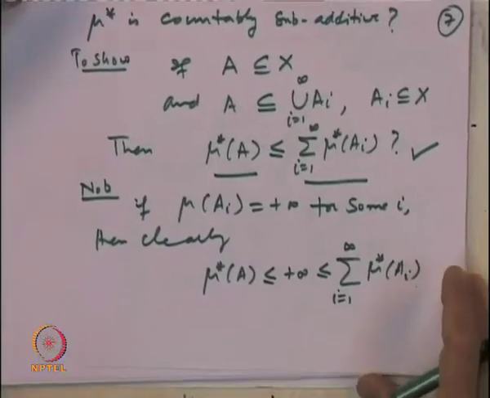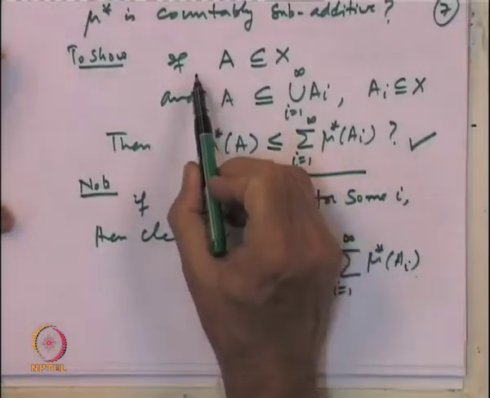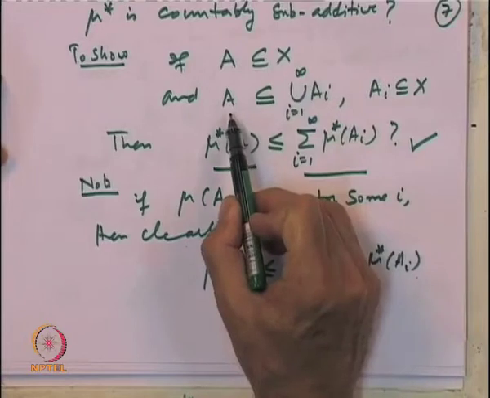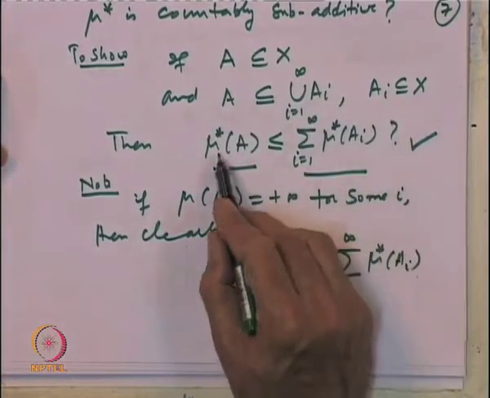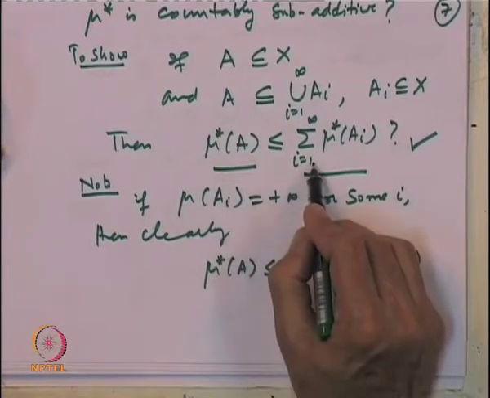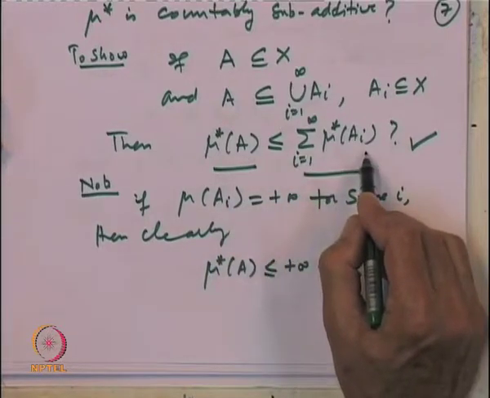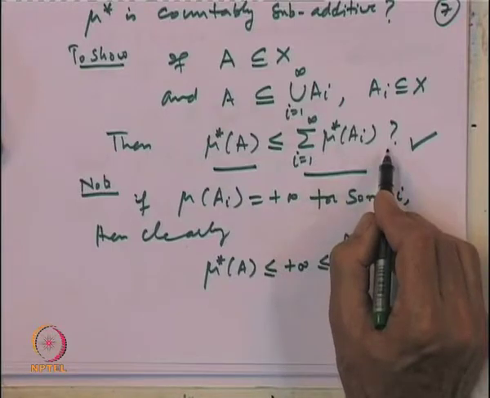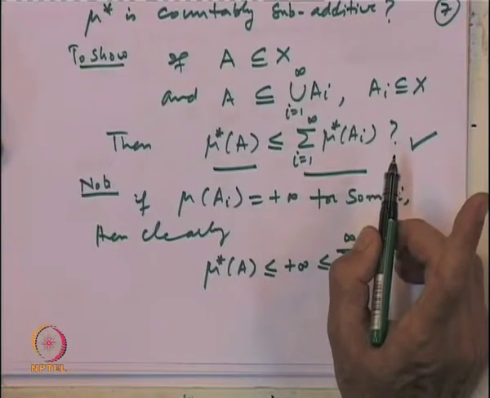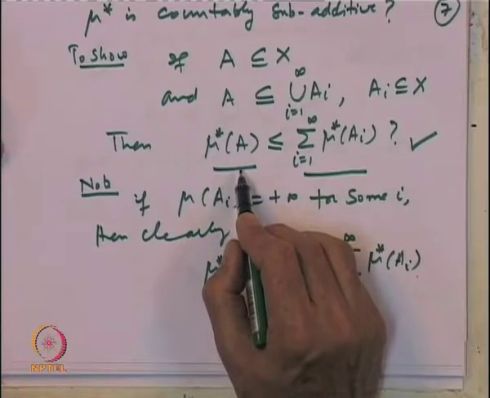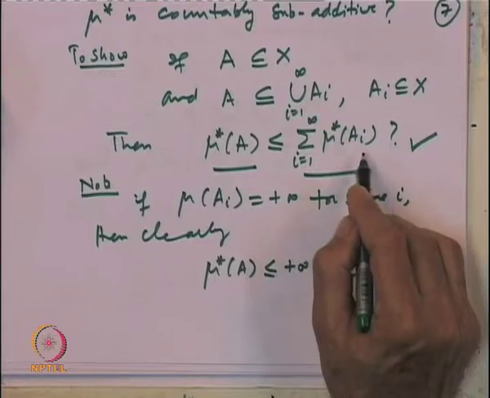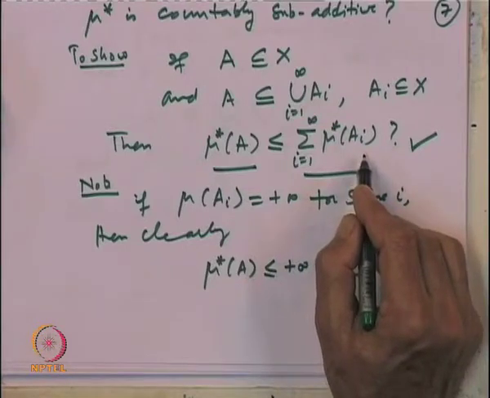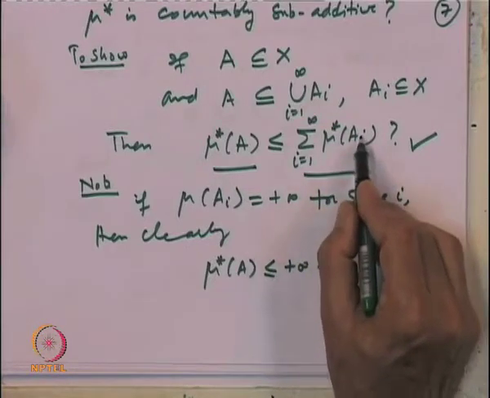To show that mu star is countably sub-additive, we have to show that if A is a subset of X and A is contained in the union of A_i, which is contained in X, then mu star of A is less than or equal to summation mu star of A_i. Now, the first observation to keep in mind: whenever you are trying to show that one number is less than or equal to the summation of a collection of numbers, an obvious case may arise, namely one of the numbers may be equal to plus infinity.